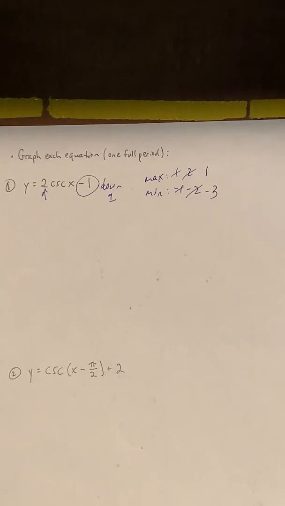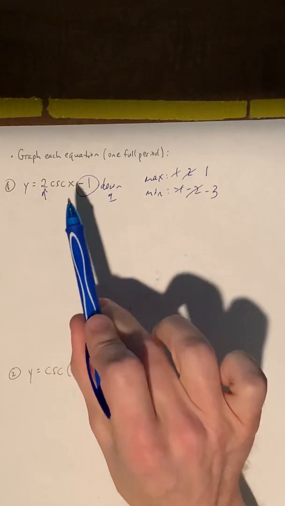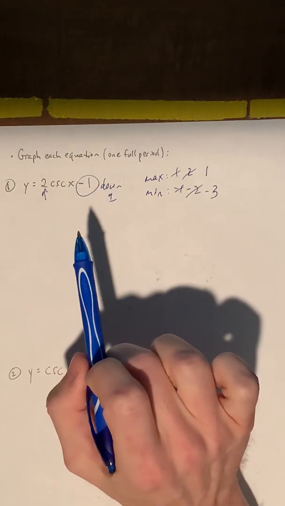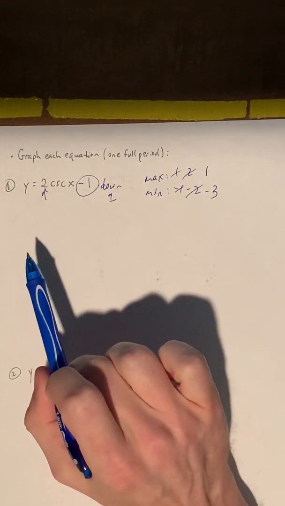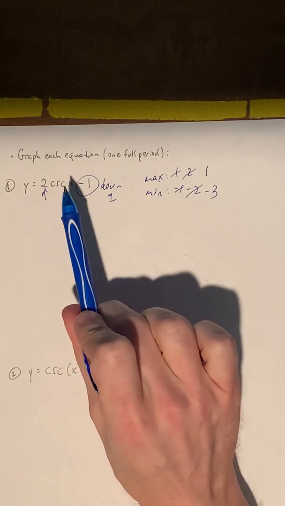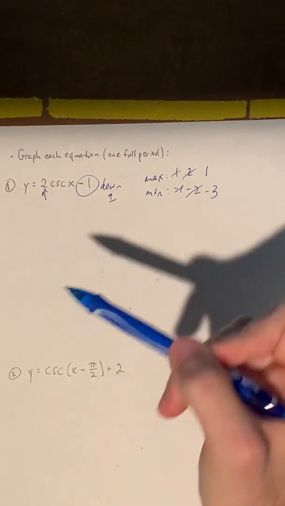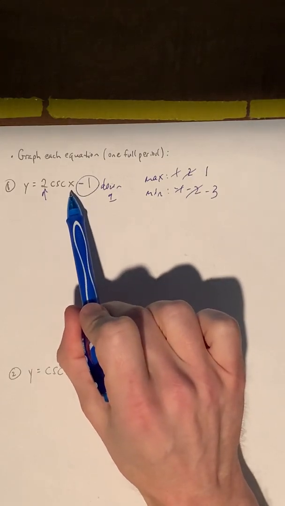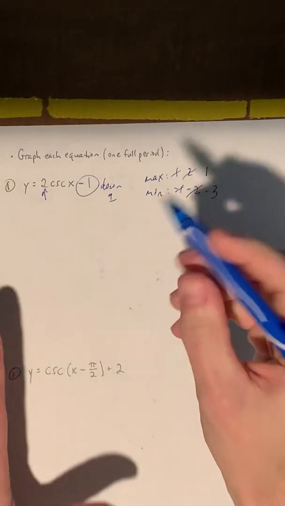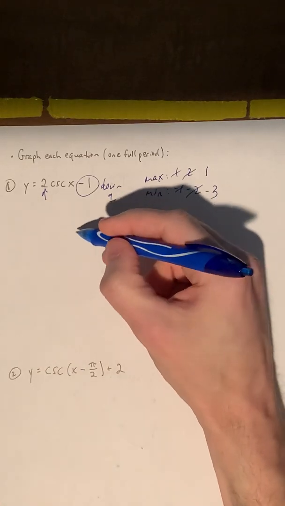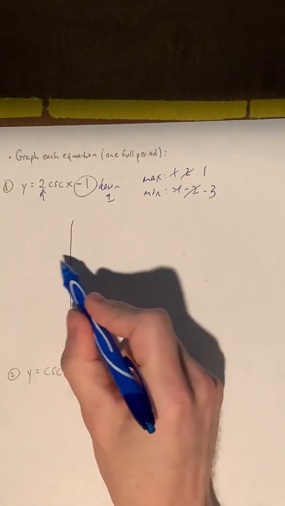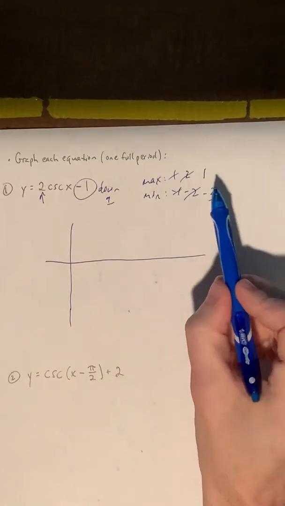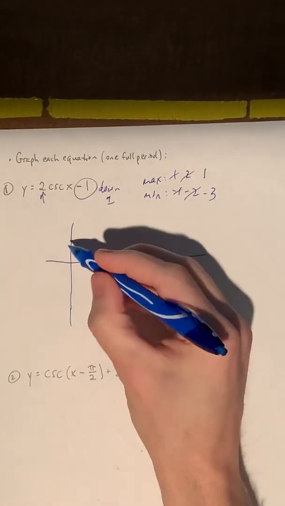Okay? Now, you don't have any movement left or right, because remember, what causes left and right movement is if you add to the x inside the parentheses, which you don't have here. Okay? So now we're ready to go ahead and make our axes. Now we have a max of 1, minimum -3.